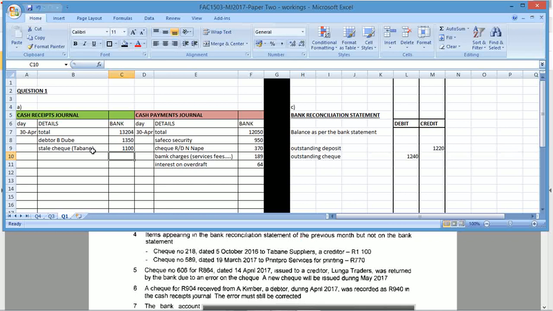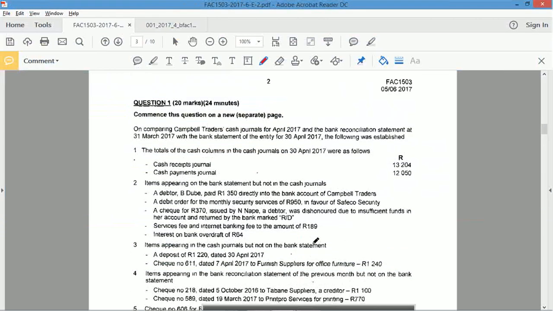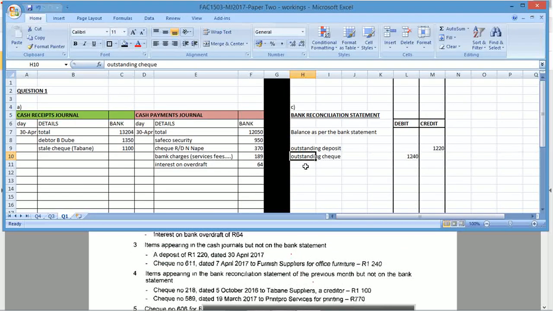It's outstanding last month. Is it still outstanding this month? Yes. So another outstanding check. So this check that I had here initially, I should have labeled it. Let's label these checks. Outstanding check here, this was number 611, and this check is number 589.